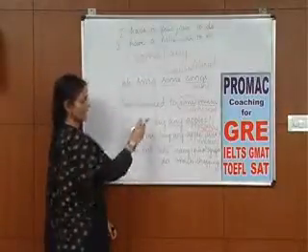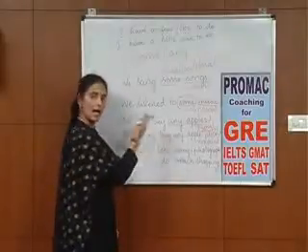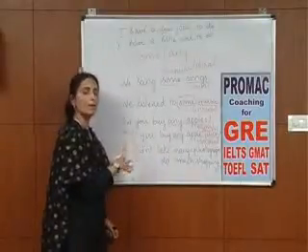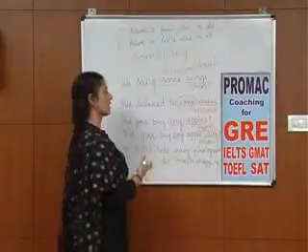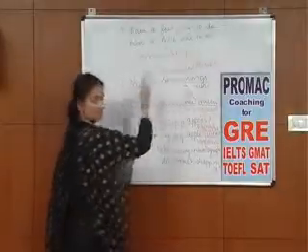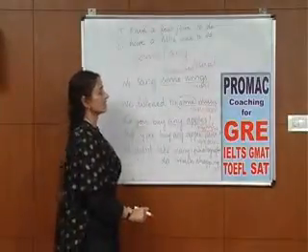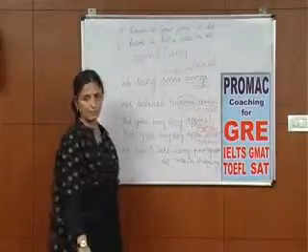So some and any can be used for both count nouns and non-count nouns depending on what meaning is to be conveyed. Whether we are trying to convey a specificity, in which case you can take the first sentence, or we are trying to convey any kind of generality when we use some.